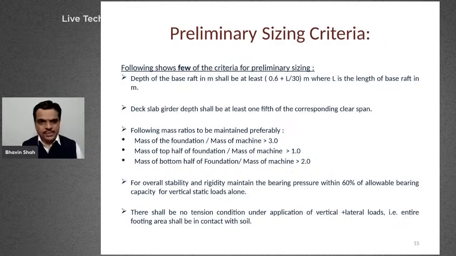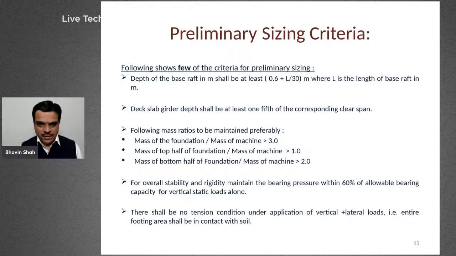But just to start with, these are a few points based on which the preliminary sizing may be done. The first point is that the depth of the base raft in meters shall be at least 0.6 plus L by 30 meter. What is the overall intent of this 0.6 plus L by 30?